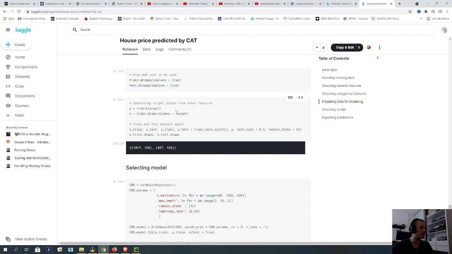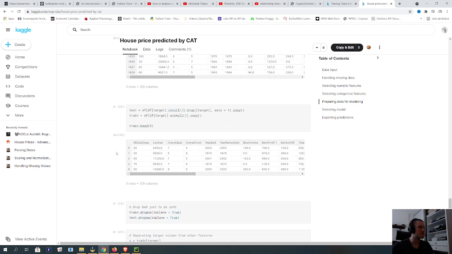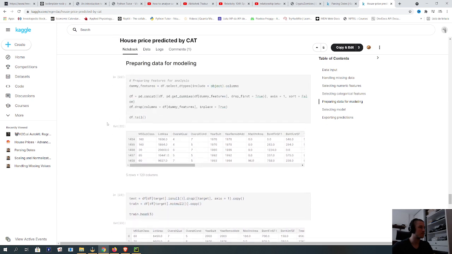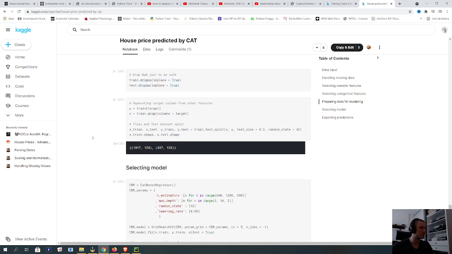So why is the data from sale price a copy of the data from sale price?